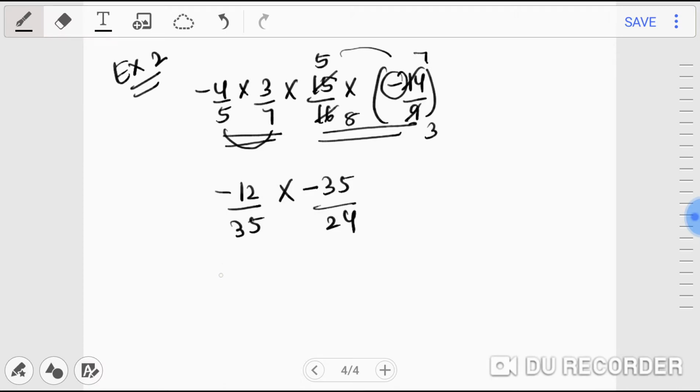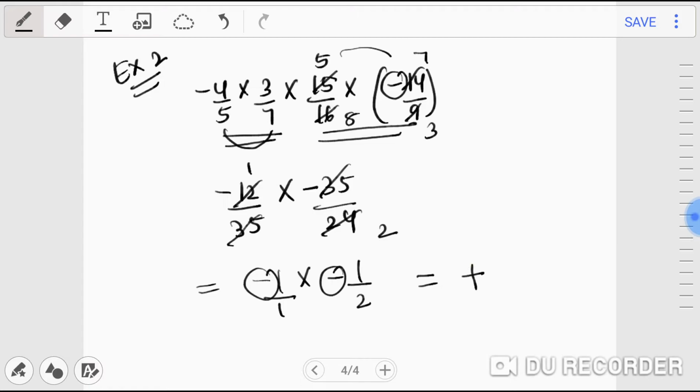Once you got this, you can further reduce 1s are, 2s are, and you can also reduce this. So it will be minus 1 upon 1 into minus 1 upon 2. This minus minus multiplication will become plus, and your answer will be 1 upon 2. Because any number when you are multiplying with 1, the answer is the number itself.